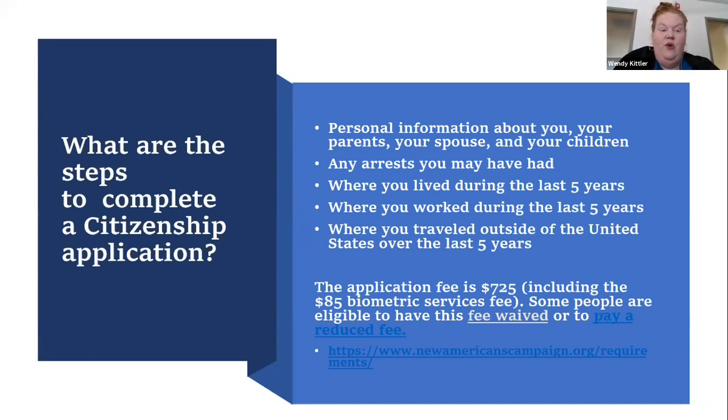It's $725, but you can apply for a waiver. So there's a fee waiver that can be applied for it to be waived. And so on the USCIS website, there are fee waiver applications that students can apply for.